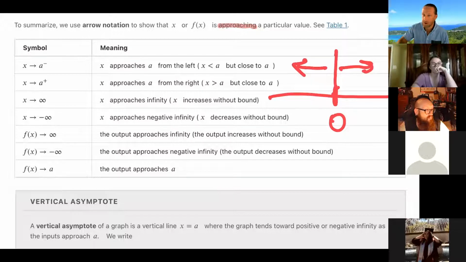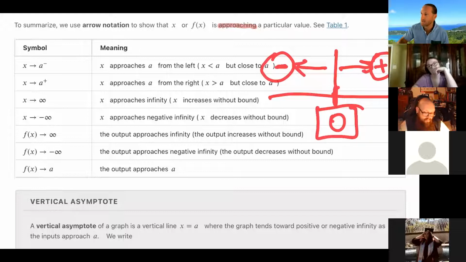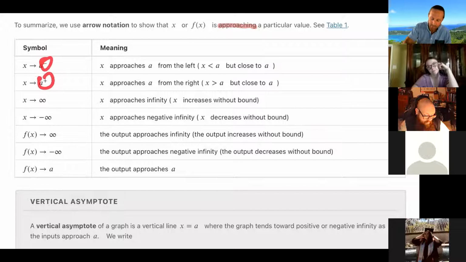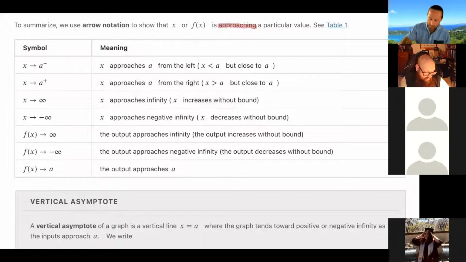To describe which direction we wanted to go without saying words, we like symbols in math. We made this up to the right, this to the left of 0. But of course, are we always going to be right at 0? Of course not. We can be at any number. So what these negatives and positives following a number are going to mean is to the what and what of that number.